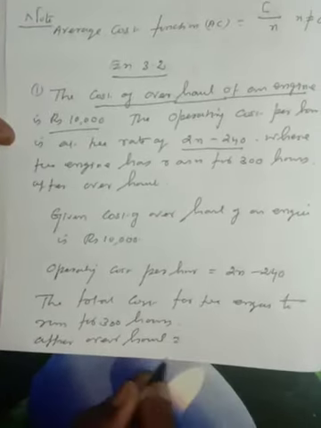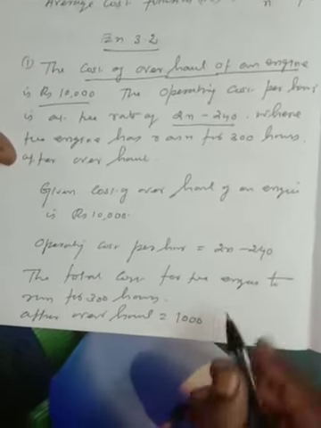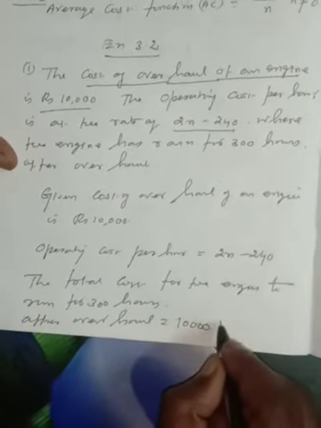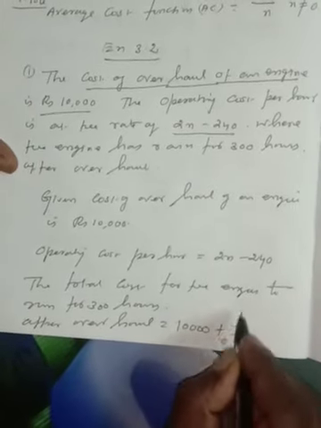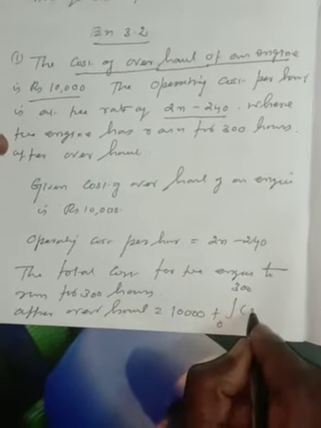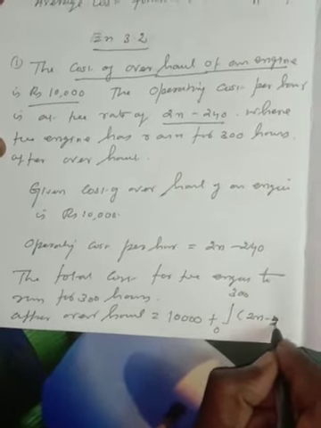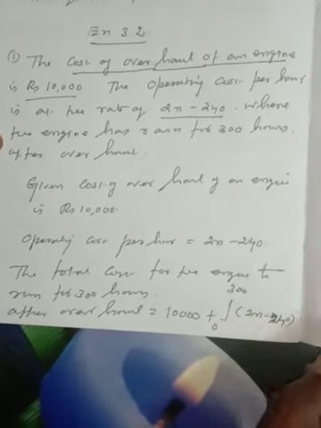is equal to 10,000 plus the integral from 0 to 300 of (2x minus 240) dx.